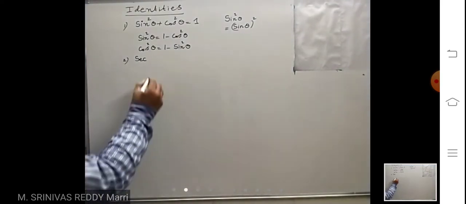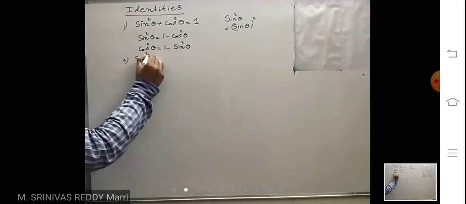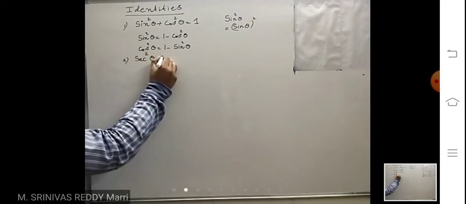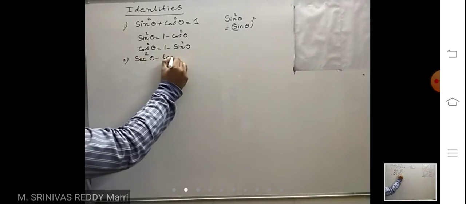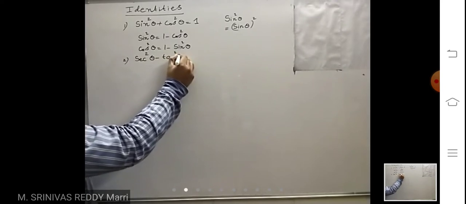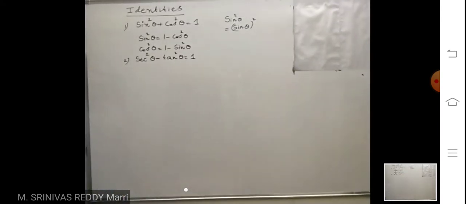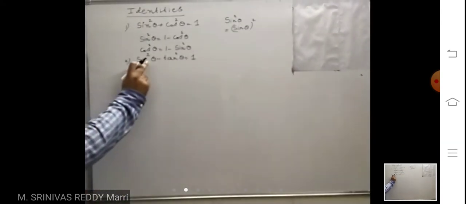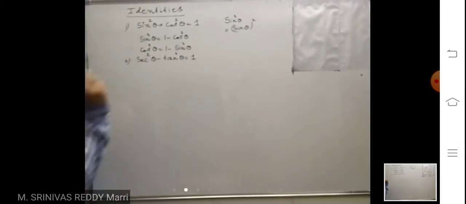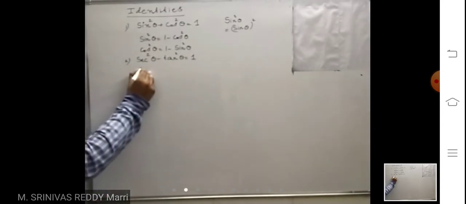Now look at it. The second identity is secant square theta minus tan square theta equal to 1. So secant theta whole square minus tan theta whole square equal to 1.